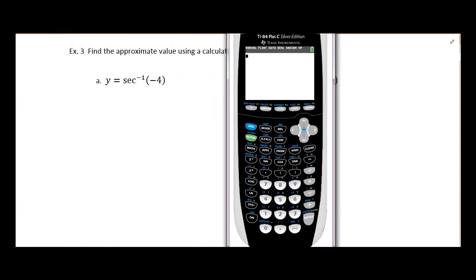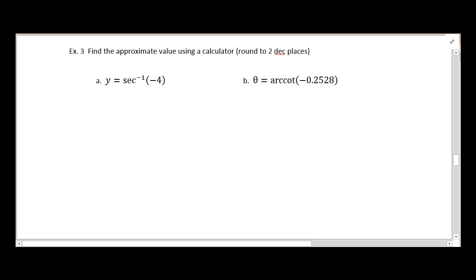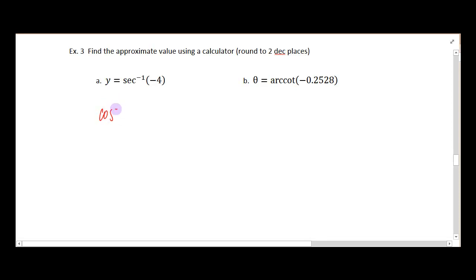Well, let's start by looking at this example here. We want to know what is the inverse secant of -4. Since secant and cosine are inverses of each other, the way we would enter this into the calculator is going to take advantage of that. So on the calculator, we're going to use the inverse cosine function because these two are reciprocals of each other.